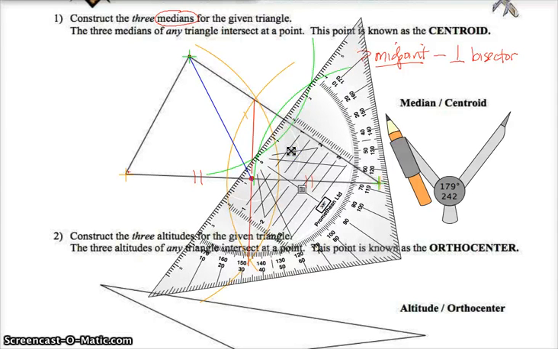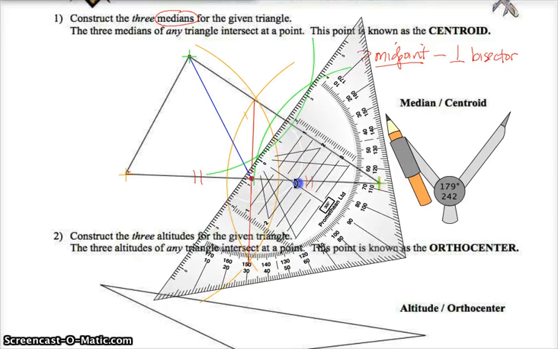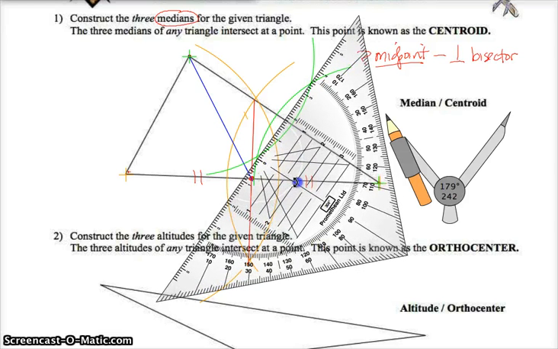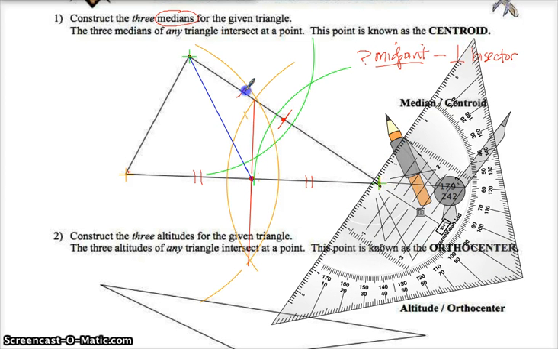to try to get the midpoint. So I'm a little off. So that's my midpoint right there. So this is the midpoint of this side, right?